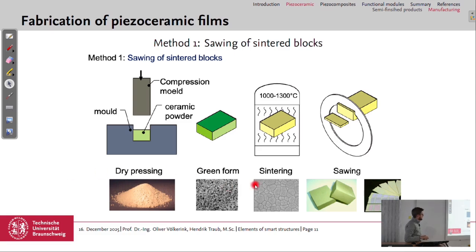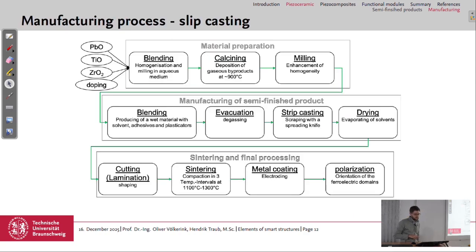And here you can see the grains after the sintering process, for example. There's a second manufacturing process called slip casting. The material preparation is basically the same. Then you blend it with the wet material, solvents, adhesives, and also plasticizers.